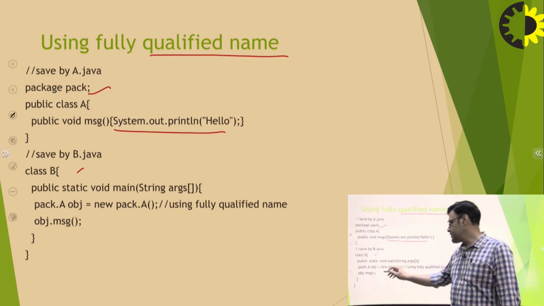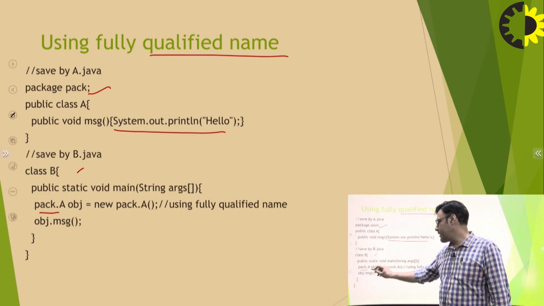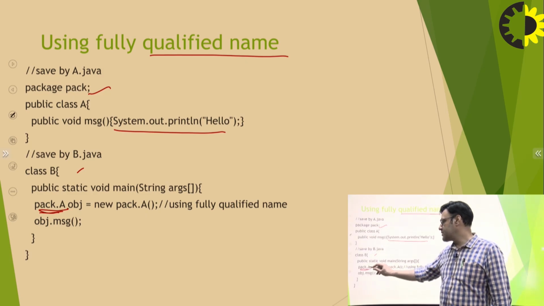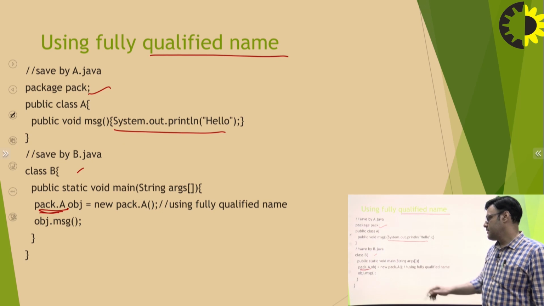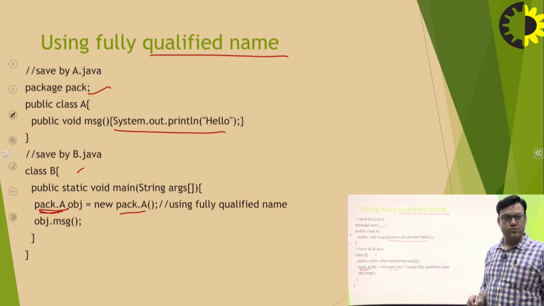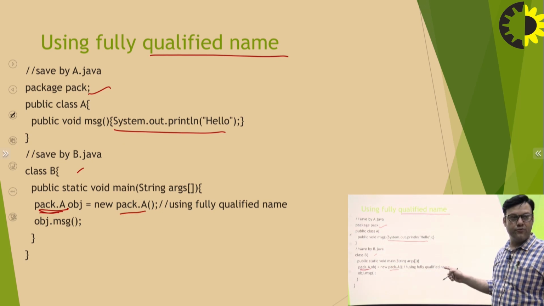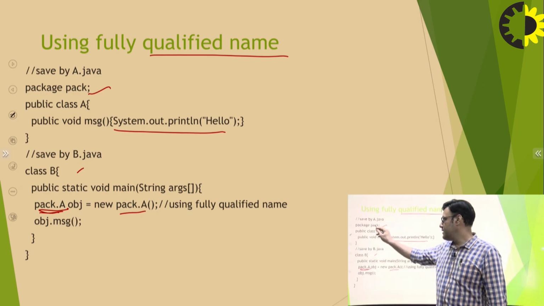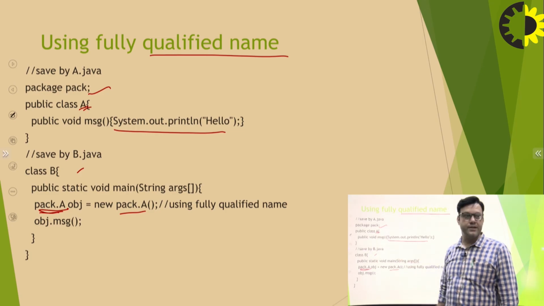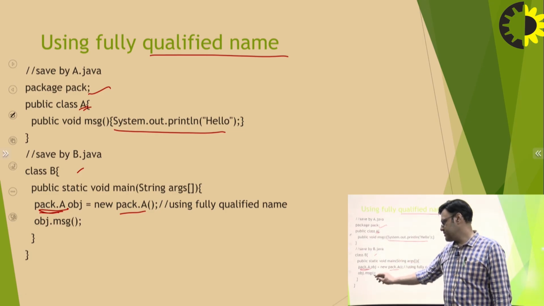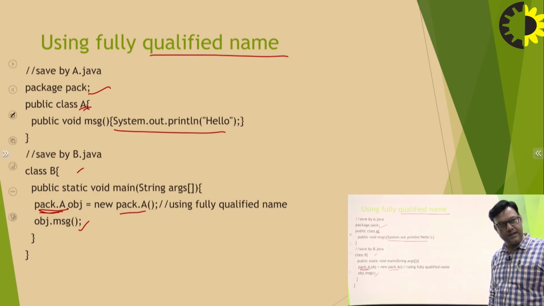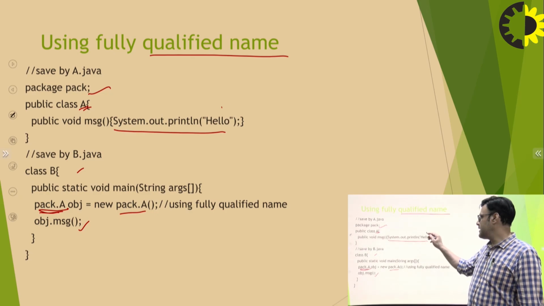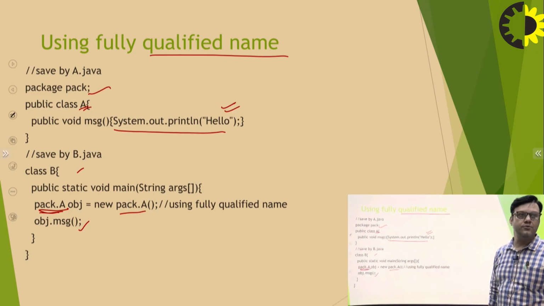Now I have used here pack dot A. I have made the object of pack dot A, new pack dot A. So using this, I have used a fully qualified name, because we know that under this pack we have a class A here. Okay, obj.message. Whenever we compile and run this, it will print hello using the fully qualified name.